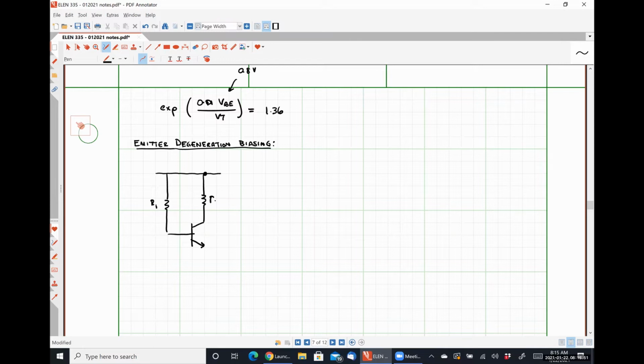So here's R1, here's RC. Here's R2, CC. So we're going to put a resistor between the emitter terminal and ground. So this is what an emitter degeneration biasing scheme looks like. This is by far the most commonly used biasing scheme, especially in discrete transistor circuitry.